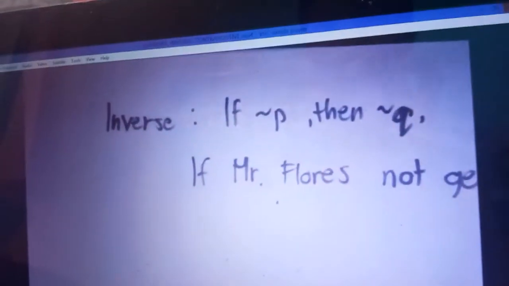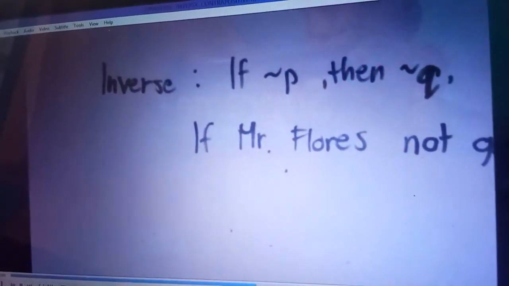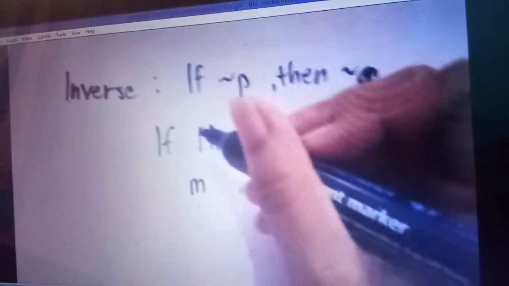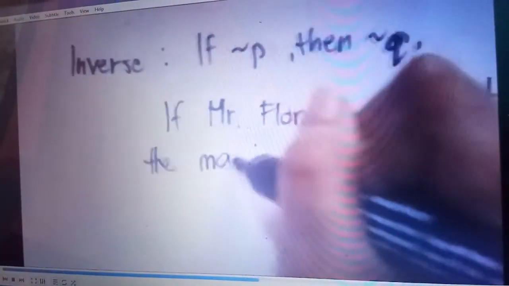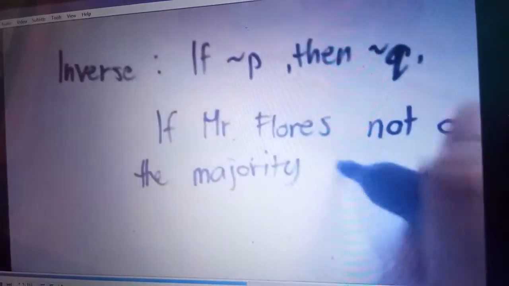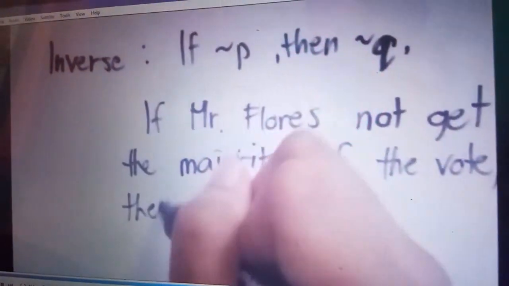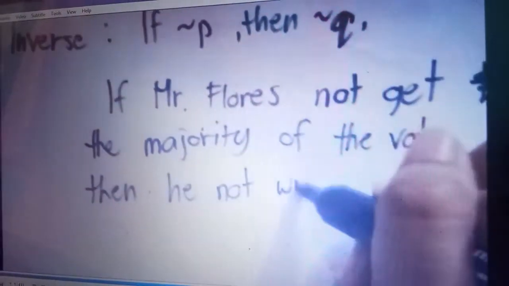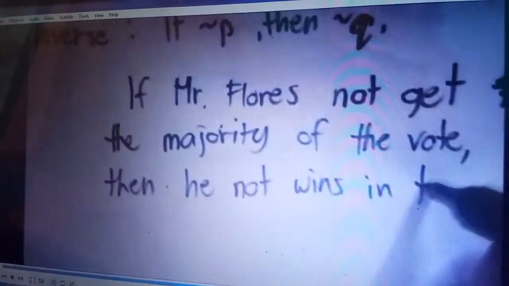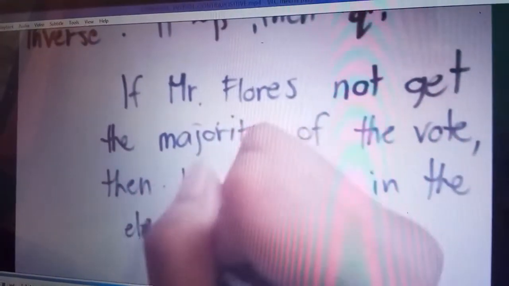Then in the inverse we have the form if not P, then not Q. So if Mr. Flores does not get the majority of the vote, then he does not win in the election. Then we're going to find the contrapositive.